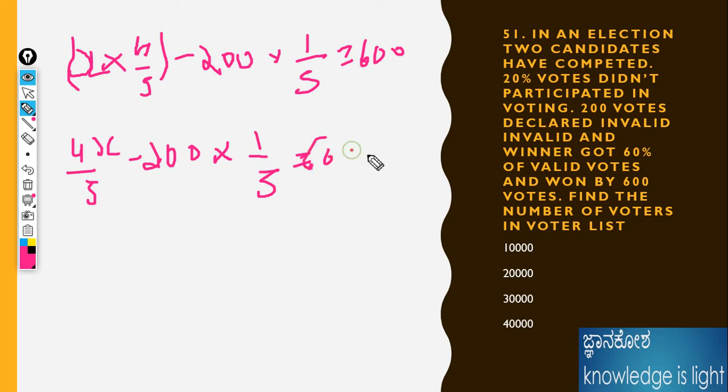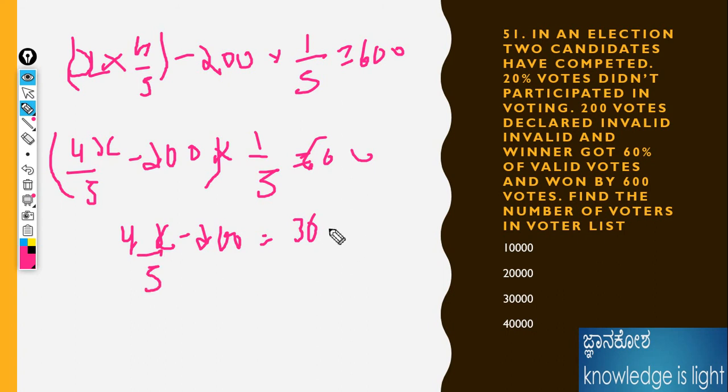Could have written directly as 4x minus 200 equals 5 into 3000. Therefore 4x is equal to 30,200.